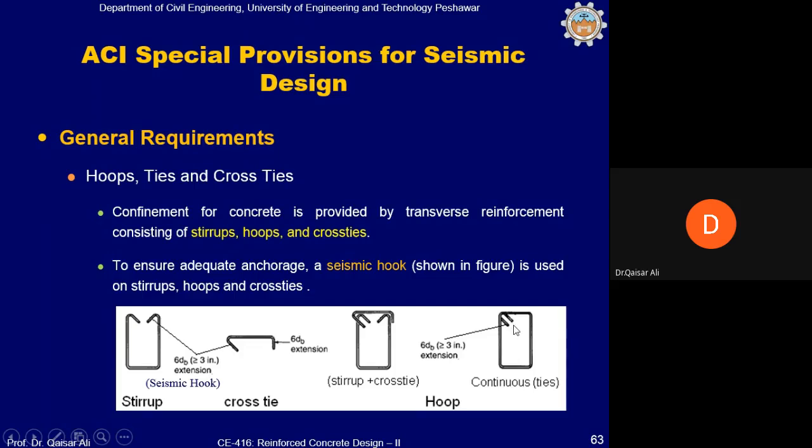So the opening up of this cross tie will become very difficult in an earthquake event because of this connection between the steel bar and the concrete embedded here, the embedment provided by concrete. Okay.